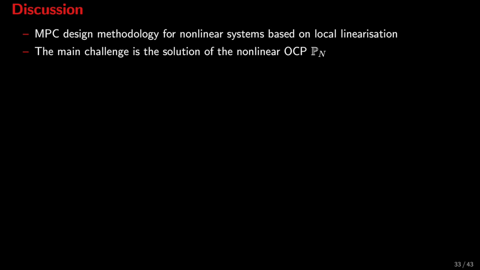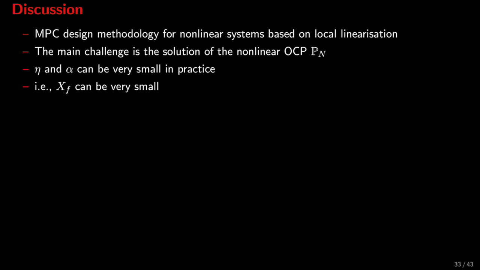From a computational point of view, this can be a very challenging problem, and it can be time-consuming and demanding in terms of computational resources. So that's the main challenge here. Also, there is one more thing. Eta and alpha can sometimes be very small in practice, and if that's the case, XF can be a very small set.